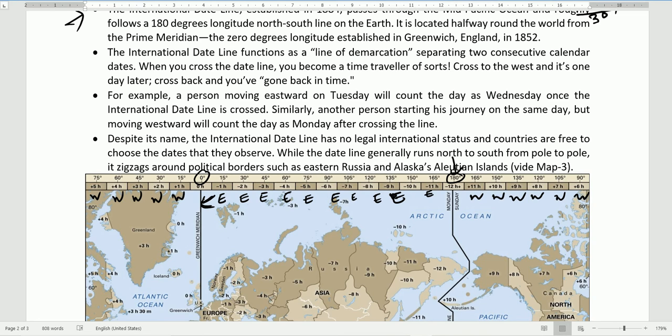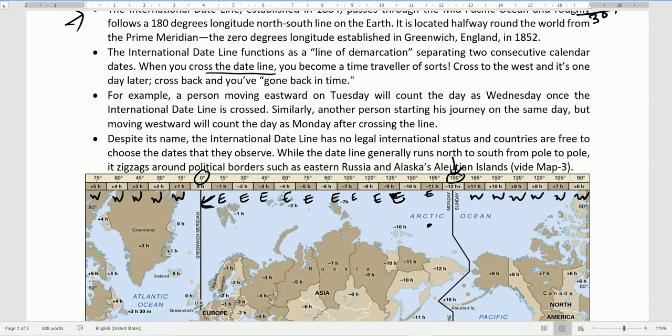Let us read the statement again. When you cross the dateline, you become a time traveler of sorts, and crossing to the west, it's 1 day later. Cross back, you have gone back in time. Say, for example, you are here. West is this side, and here we have east.